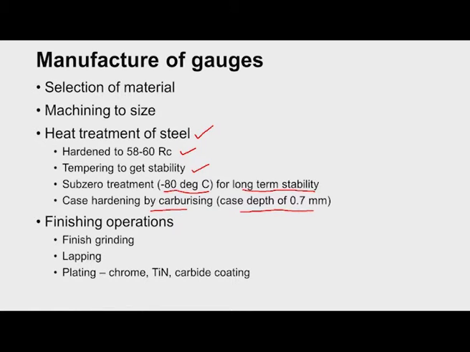So after this heat treatment, the gauging surfaces are ground, and then they are lapped, and all sorts of finishing operations are performed. And then if plating is required, plating is also performed, and then after the plating is over, again they are ground and lapped to get the proper size.